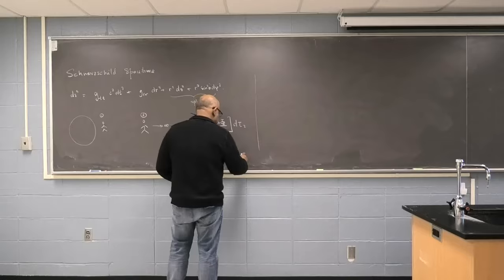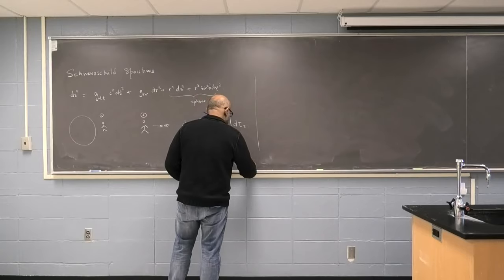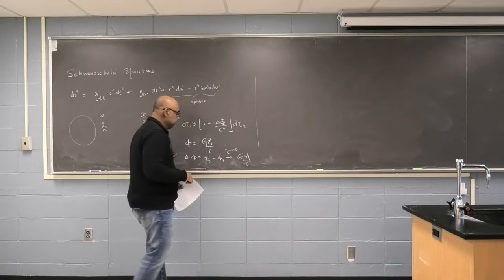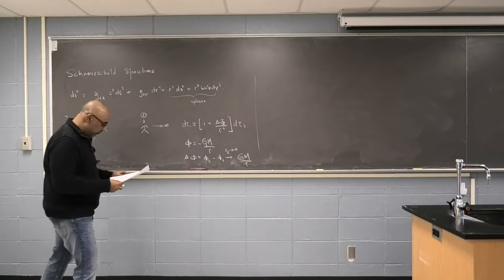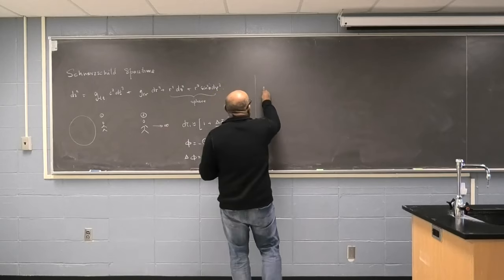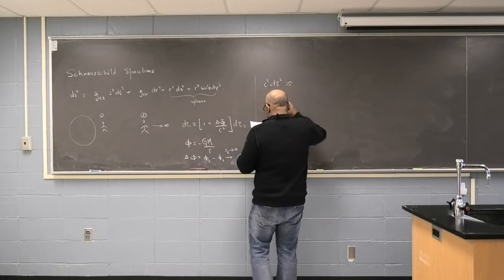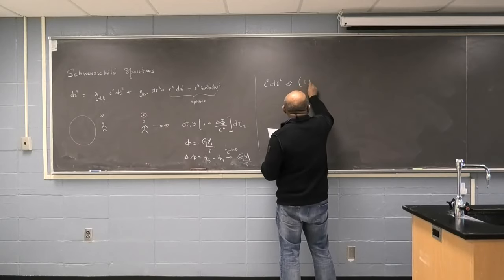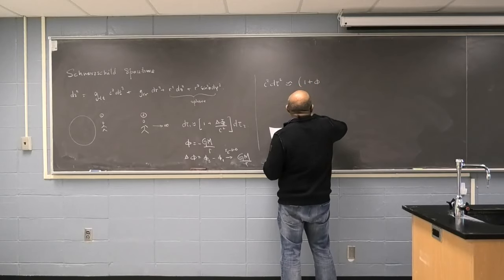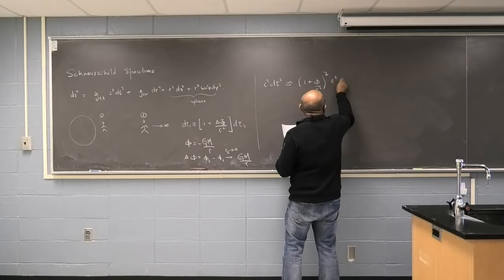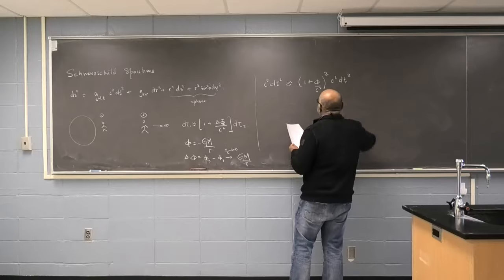So this becomes just GM over r. I could put r1 over here. And therefore, we get that c squared d tau squared is approximately equal to 1 plus phi over c squared, squared, c squared dt squared.